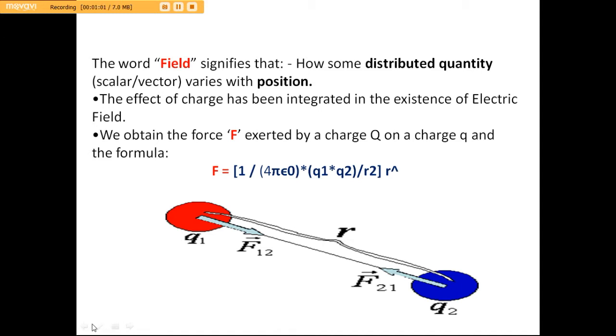Obviously the strong one. Here also the same thing happens. We can see that Q1 and Q2 are both charges placed in a vacuum.